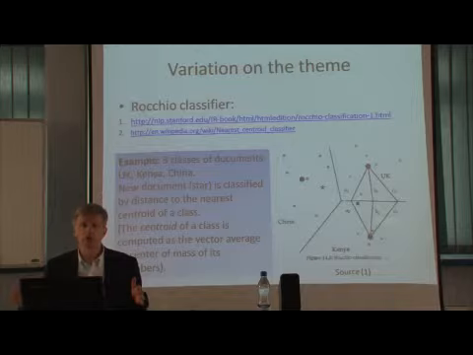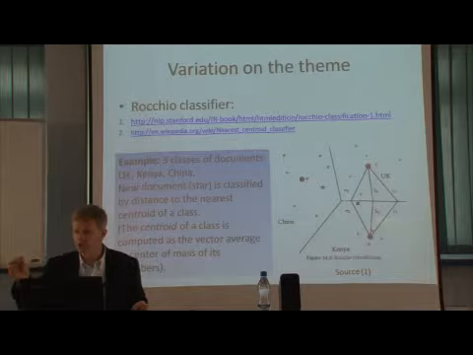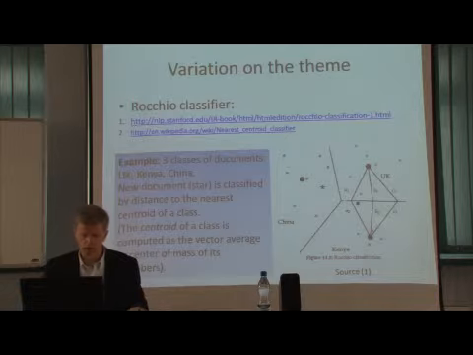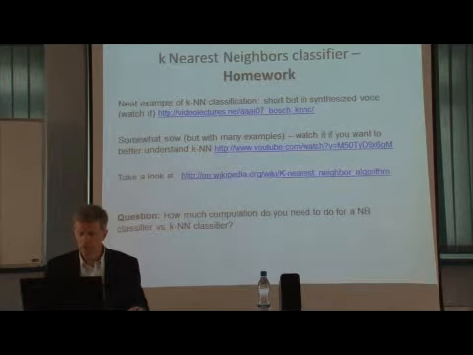Since the documents are represented as vectors, say if we have 20 vectors in each class, we can take the average of these vectors, and then when we have the new document, we just measure the distance between the vector of the new document and the particular averages, and that's how we do the classification. So this is called a centroid, or sometimes the Rocchio classifier. So that's a different name for it. So it's a variation on the theme.